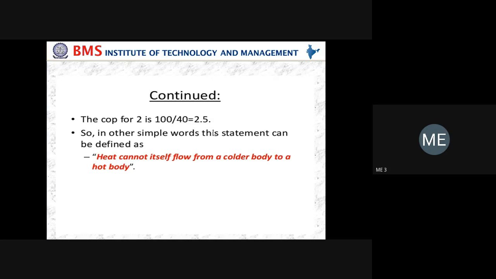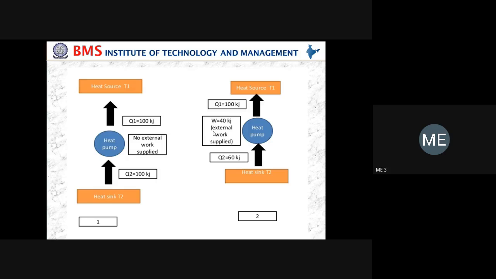So 2.5. In order to get a COP more than 1, we have to supply the work to the heat pump. Then only the heat pump will work. Suppose no external work is supplied, the heat pump or refrigerator will not work. So by supplying the work, both the heat pump and the refrigeration system will work.